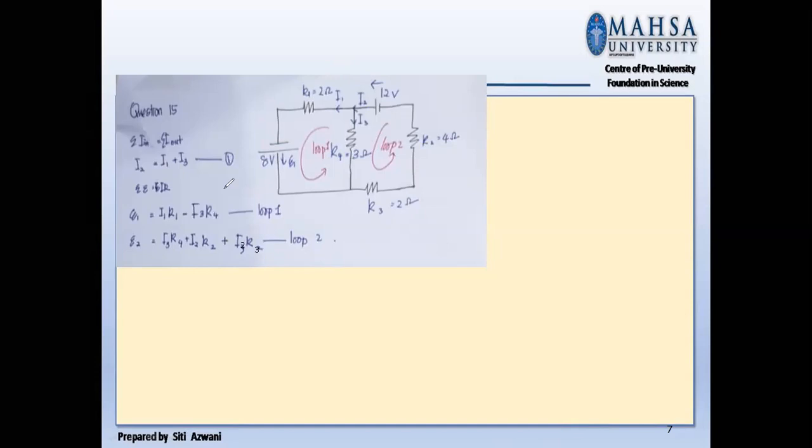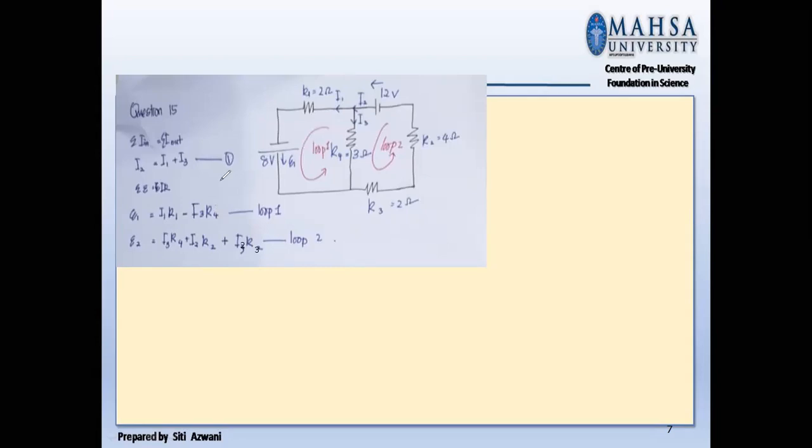So loop 1, loop 2. For loop 1 you have E equal to I1 R1 minus I3 R4. It depends on your labels also. I have E1 going down, and the loop 1 direction is also going down.